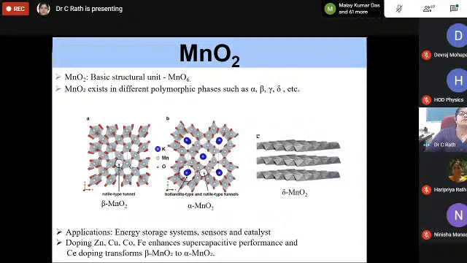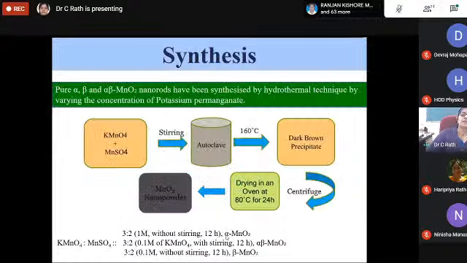This is the synthesis process through the hydrothermal technique, and she has taken manganese sulfate with potassium permanganate, and by changing the ratio of potassium permanganate to manganese sulfate, she could synthesize alpha MnO2, alpha-beta, and beta MnO2. All these three are synthesized just by varying this concentration.